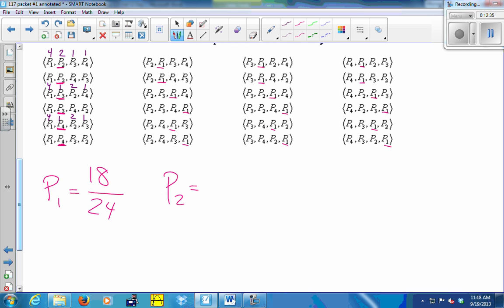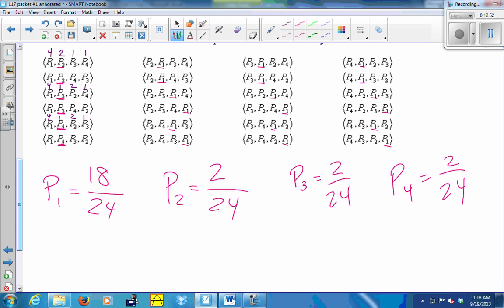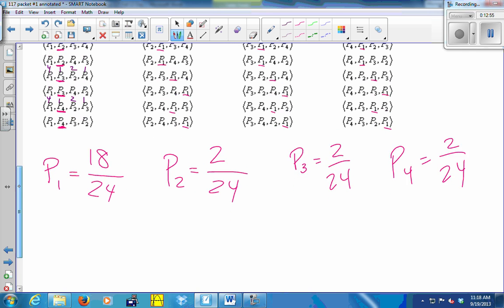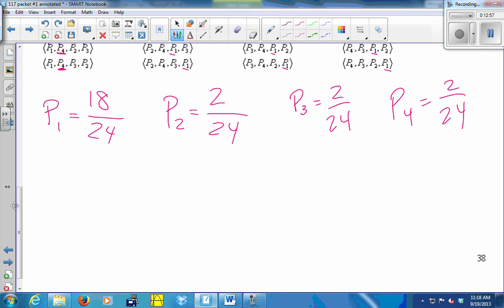Player 2, out of 24 times, was pivotal twice, these two right here. Player 3, same thing, was pivotal twice out of 24. And player 4 was pivotal 2 out of 24 times. If I reduce the fractions, 6 goes into both 18 and 24, so that would be 3/4, and 1/12 for everybody else.